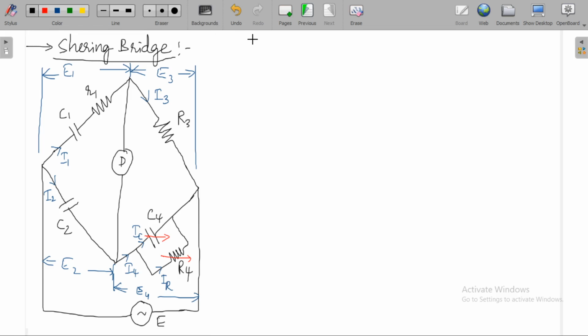At balance, under balanced conditions, we know Z1 Z4 is equal to Z2 Z3. What is Z1? Z1 is equal to R1 plus 1 by j omega C1.